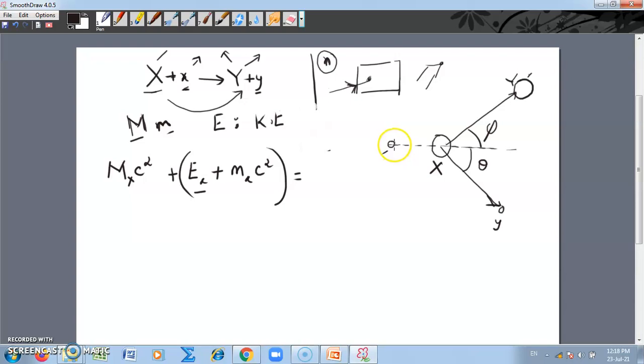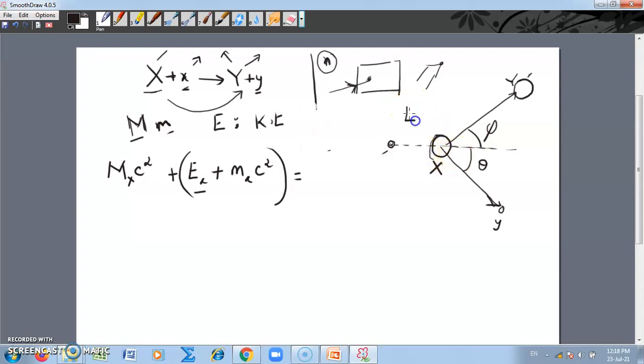Now students, a very important point is that in this treatment of the kinematics of a nuclear reaction, we have taken the target nucleus to be at rest. So this is at rest and we are hitting it. Since it's at rest, it doesn't have a kinetic energy.